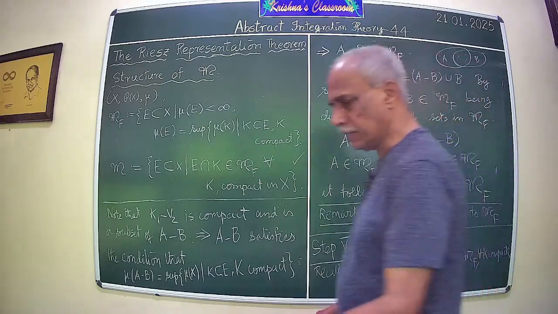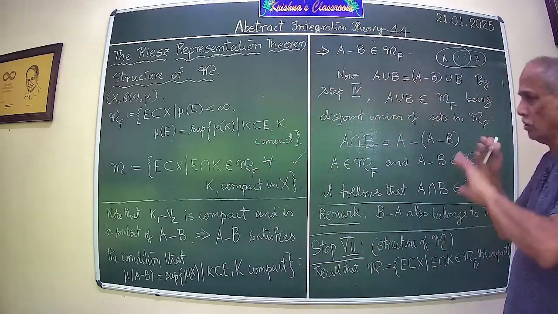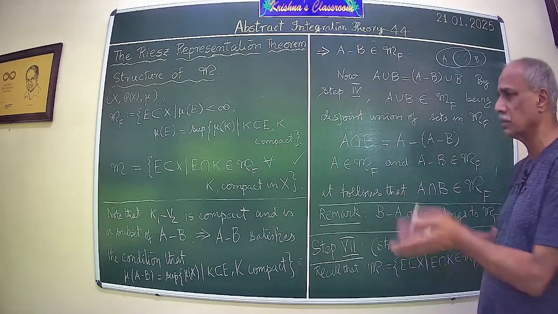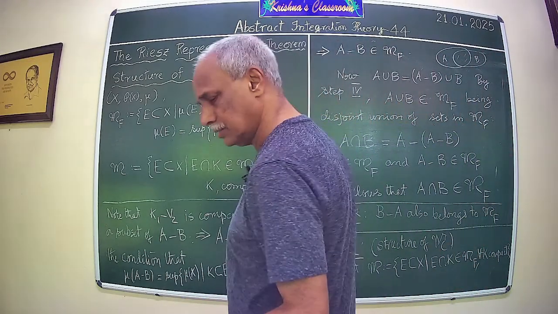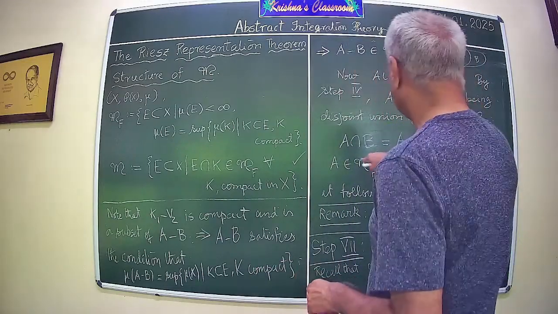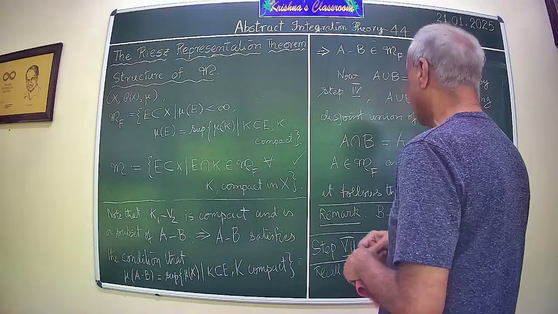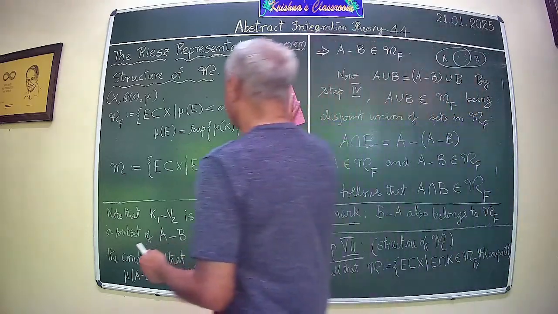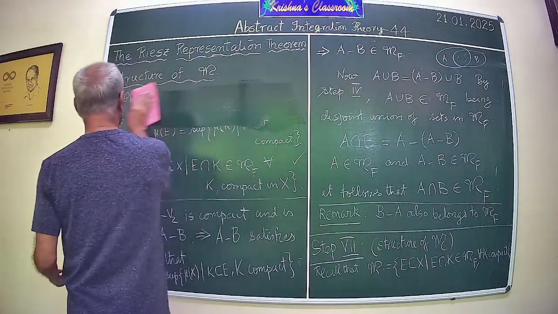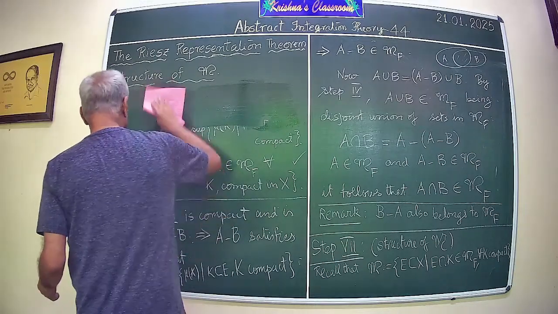Now remember, M would consist of the whole of X. This would also consist of the empty set. That's clear. Whereas MF may not contain X. Just make that remark. For instance, it's very simple.